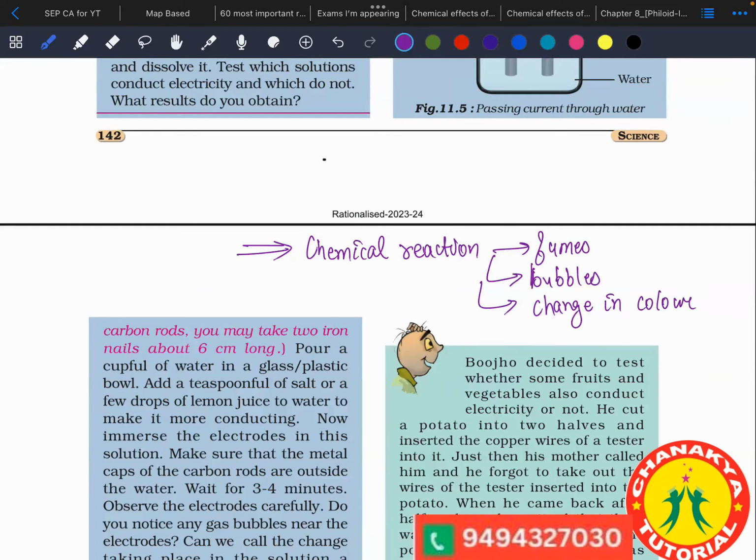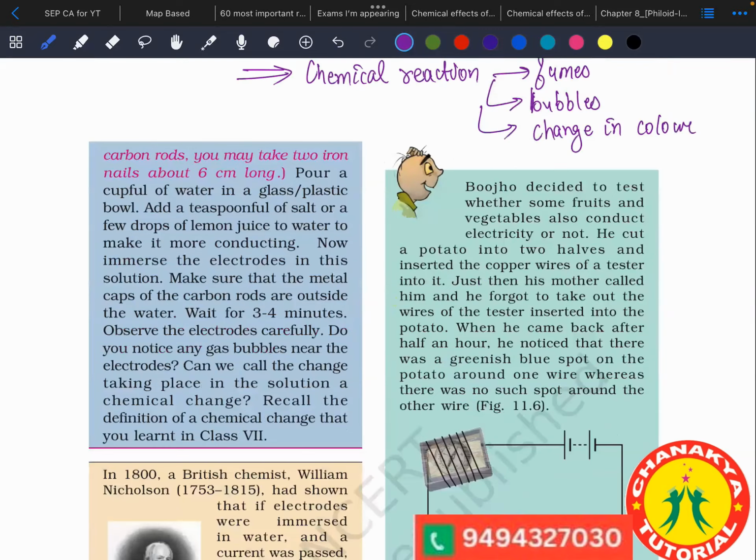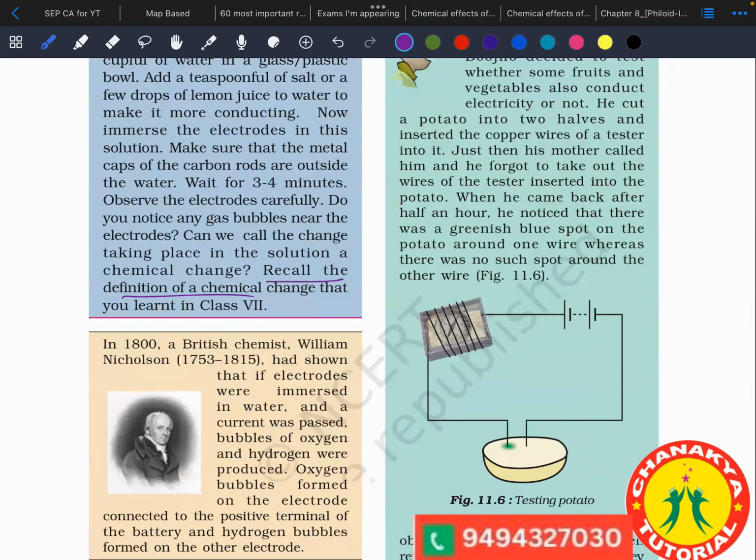The material in which we are applying electric current, if that material is changing color, that means the chemical reaction is taking place. Recall the definition of chemical change that you have learned in class 7th.